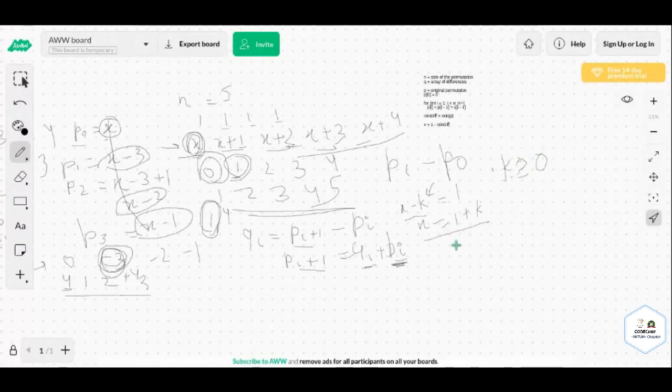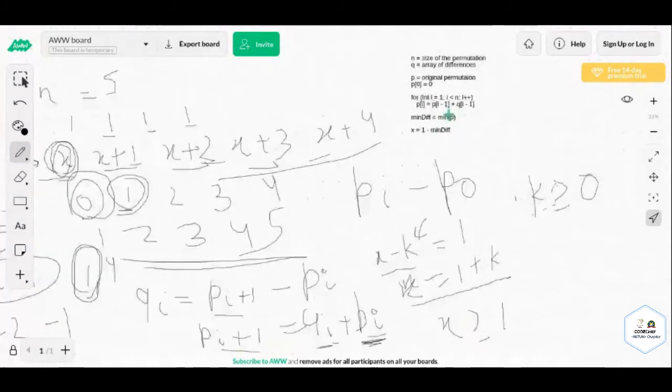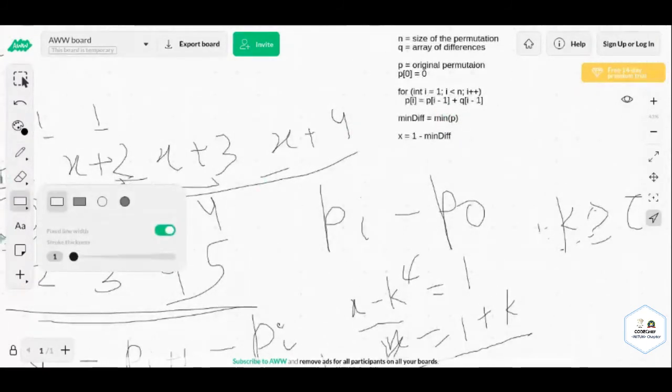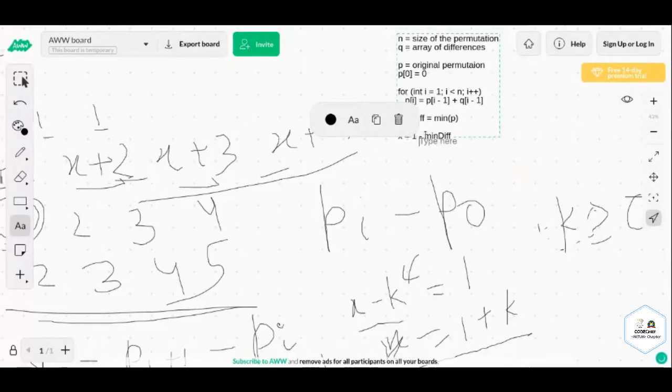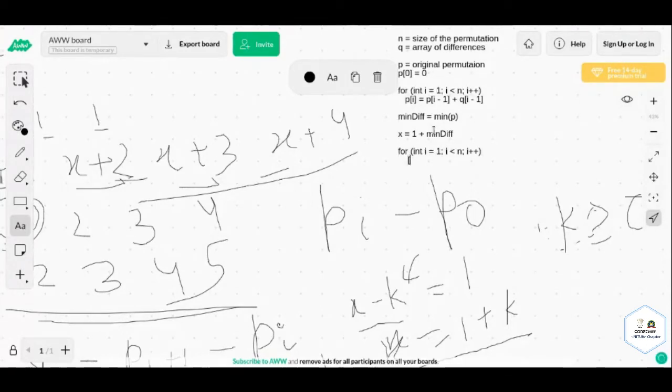This ensures that the value of x will always be greater than or equal to 1. So x will be 1 plus the minimum difference, and now again we will loop over all the elements and add x to all the elements, and then we will print the permutation.